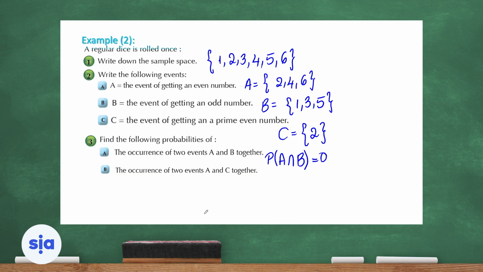In question B, the occurrence of two events A and C together. So A and C means the probability of A intersect C, which as you can see here, it is, yes, number 2, which is 1 out of 6.